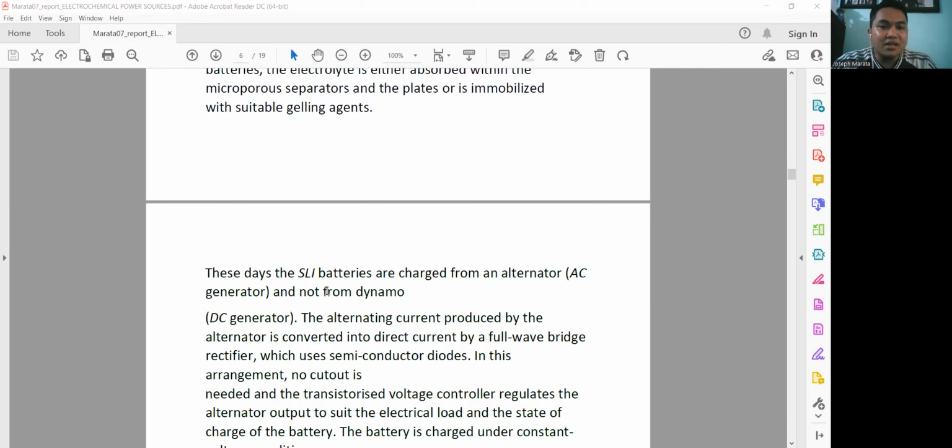These days, the SLI batteries are charged from the alternator, an AC generator, and not from a DC generator, the dynamo. The alternating current produced by the alternator is converted into direct current by a full-wave bridge rectifier which uses semiconductor diodes.